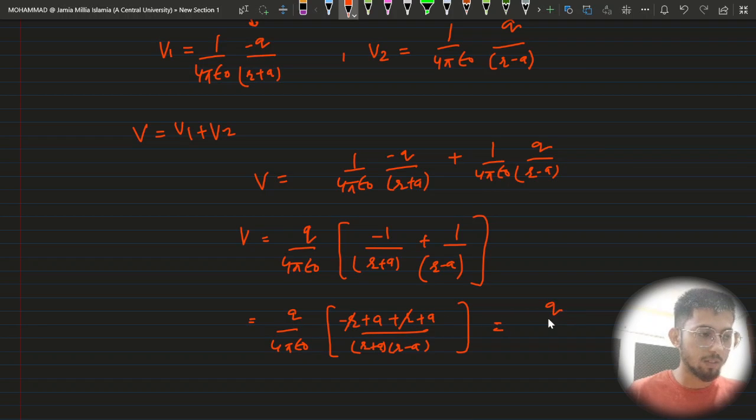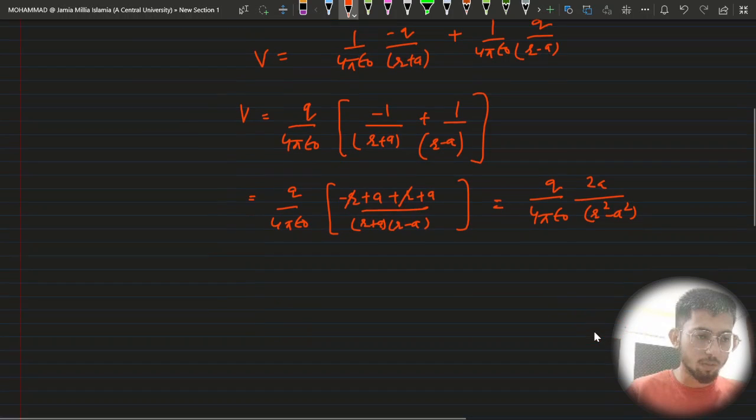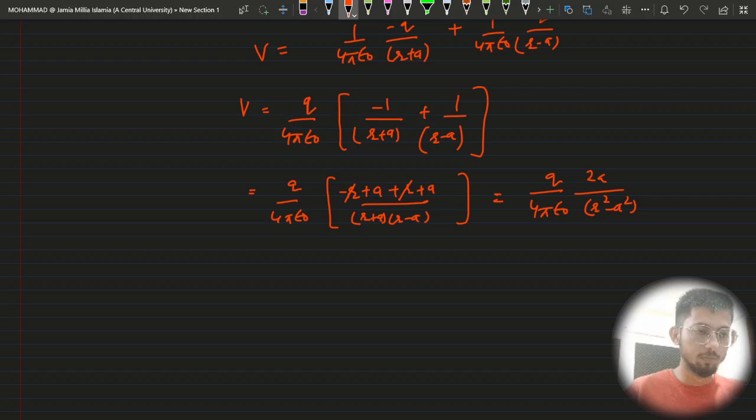So q by 4 pi epsilon naught into 2a upon r plus a into r minus a, which is r square minus a square. Now first you write this q into 2a as p. Can we write this?